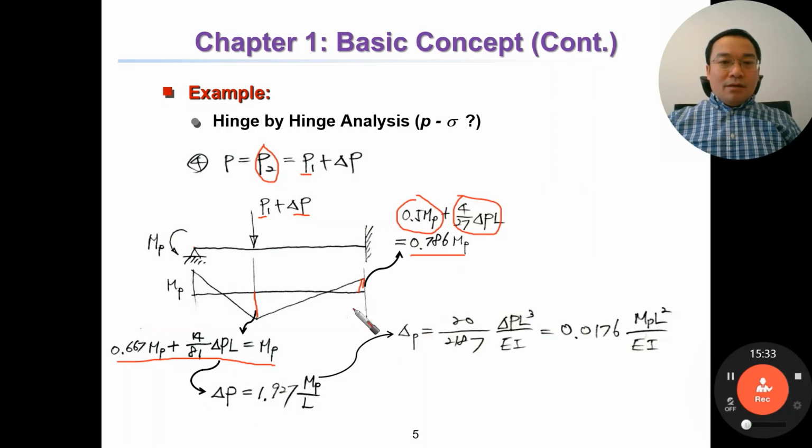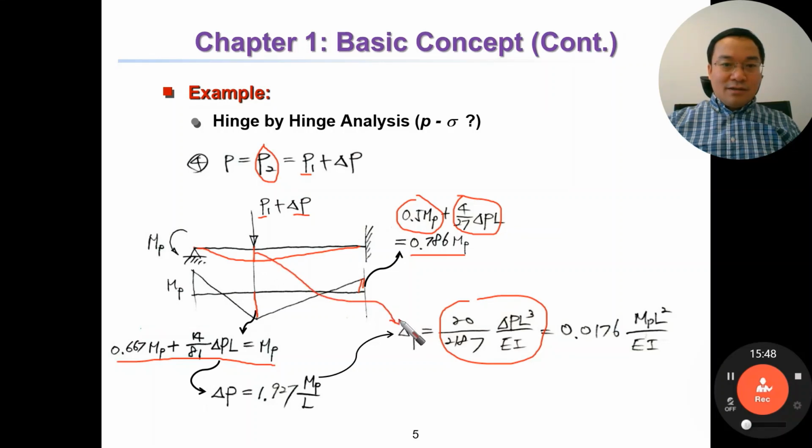And because of ΔP, we have a deflection equal to this one. So this deflection is due to the structure after the first hinge, and equals this.